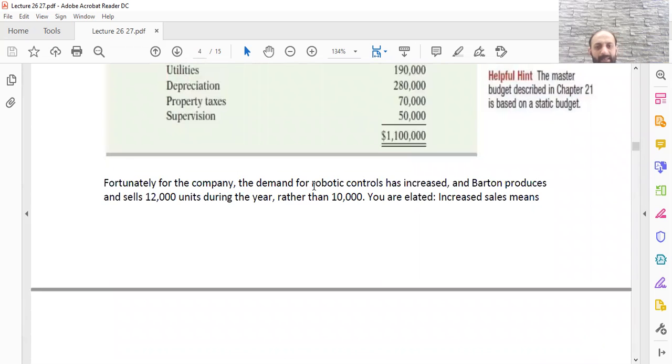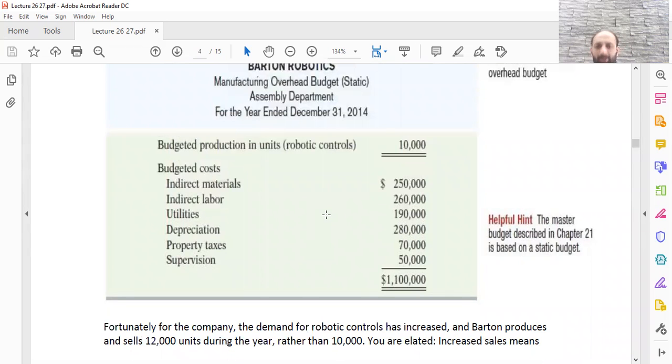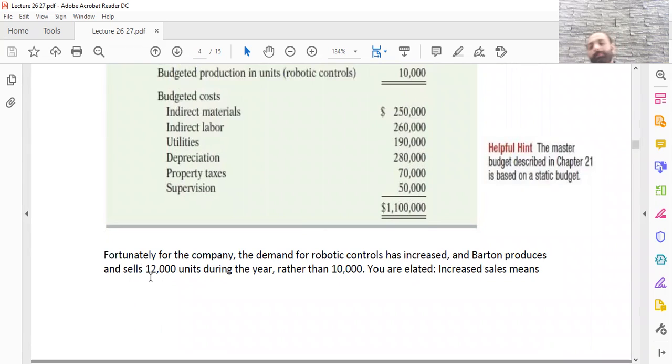Fortunately for the company, the demand for robotic controls has increased, and Barton produces and sells 12,000 units during the year rather than 10,000. You were expecting to produce 10,000 and made the production budget keeping in mind that figure. But since the market was healthy, you were able to produce and sell 12,000 units.